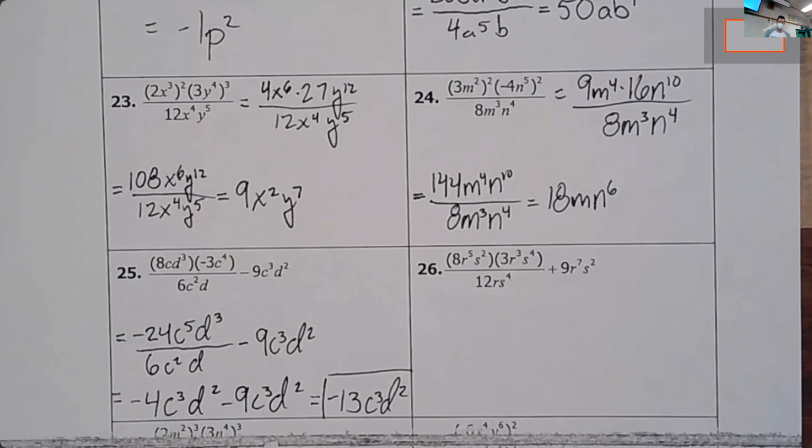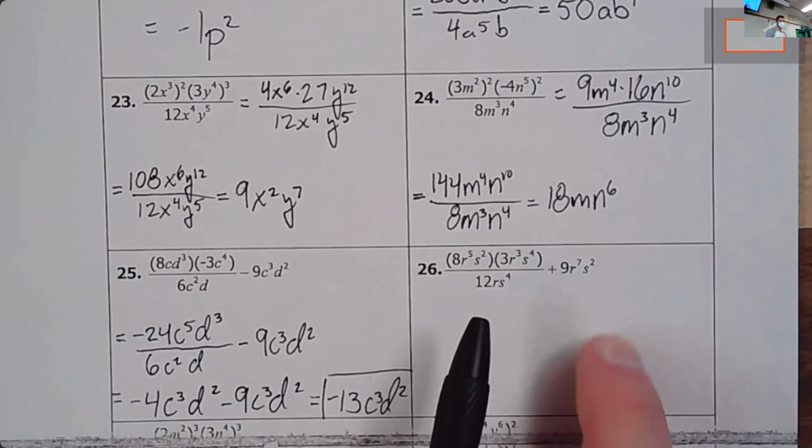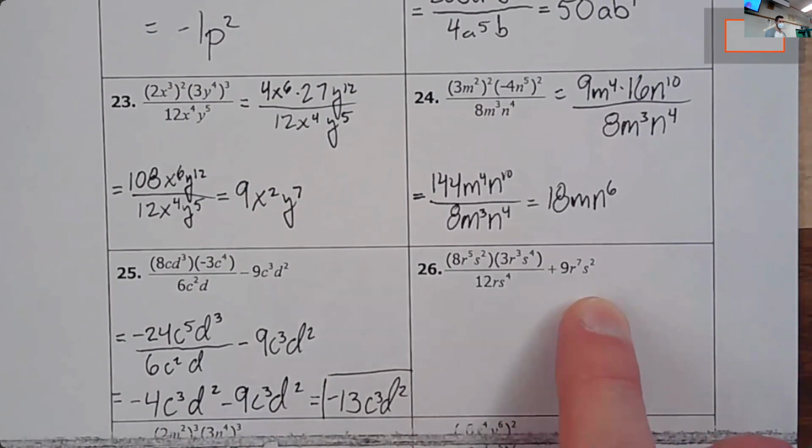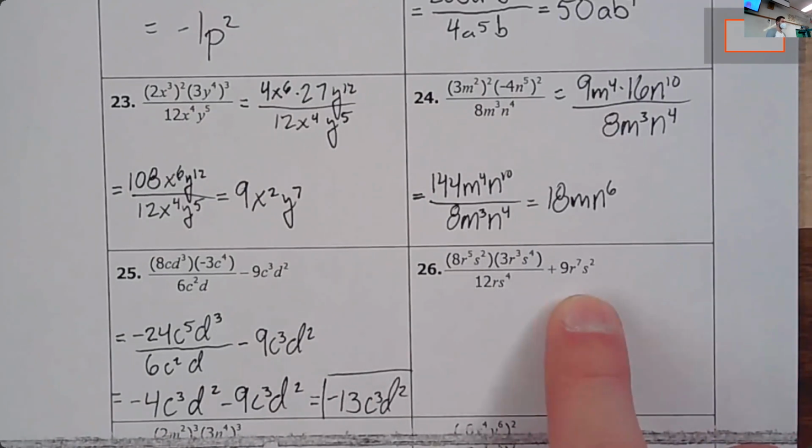26 is super similar. And the thing about a lot of these problems where we're adding and subtracting, there's a little bit of a clue as to what you should end up with for your variables and your exponents, because chances are these are going to end up being like terms. So when you use your power rule, when you use your quotient rule, chances are you're going to end up with r to the 7th s squared.